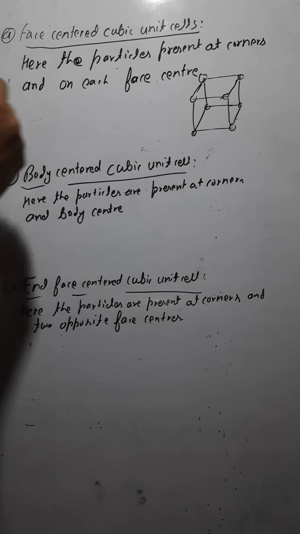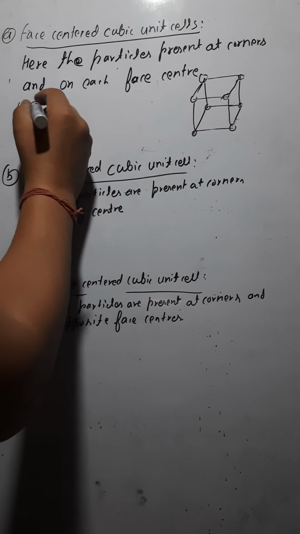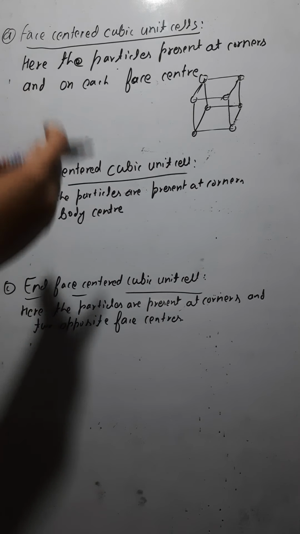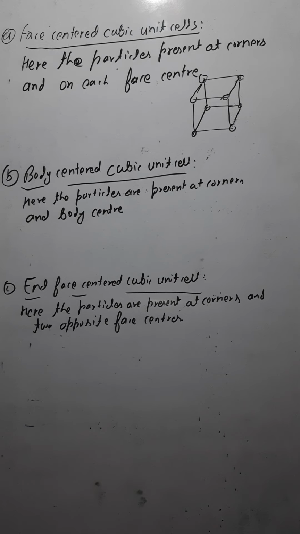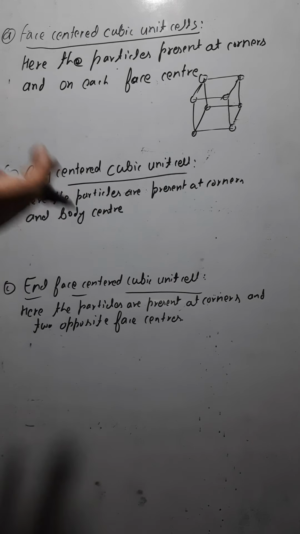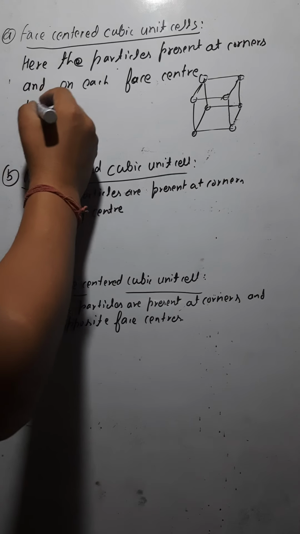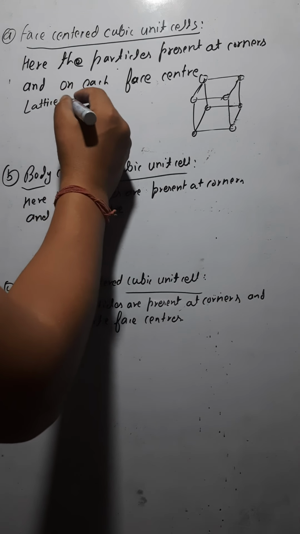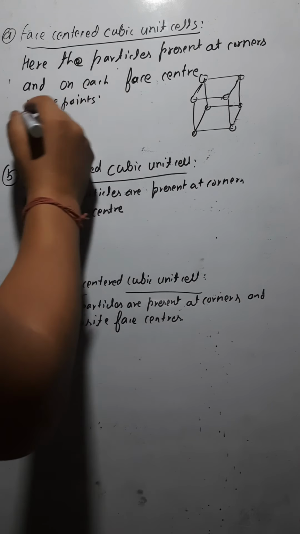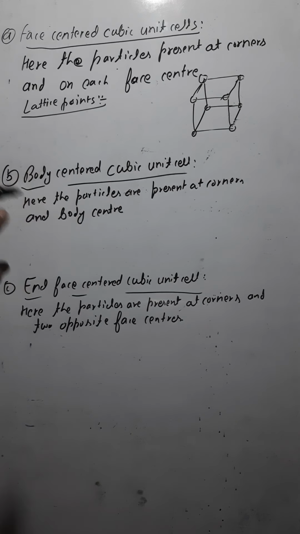So now if we just talk about the lattice points here, lattice points means the space, or you can say, where the particles are there. At how many points the particles are there? Lattice points means where the presence of particle is there, we just call it as the lattice point.